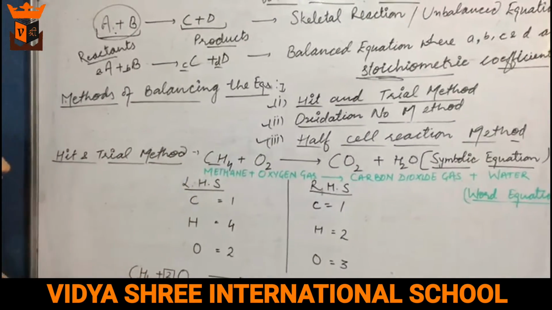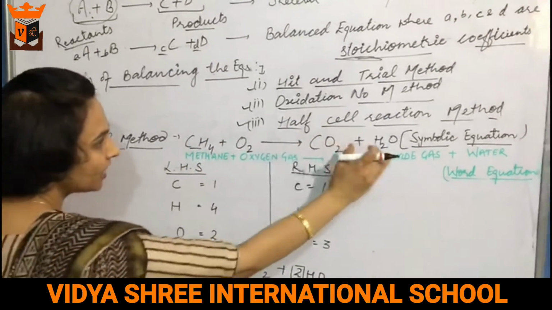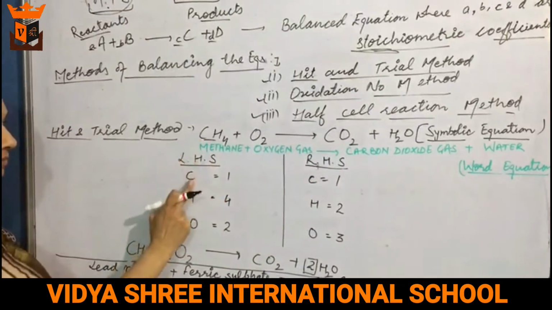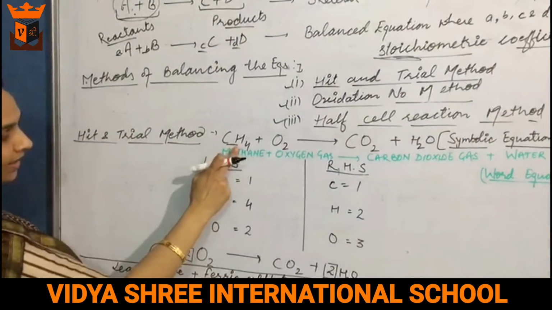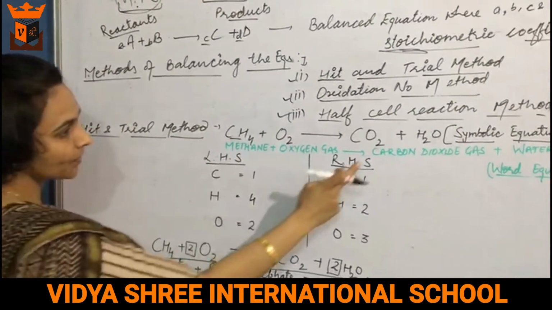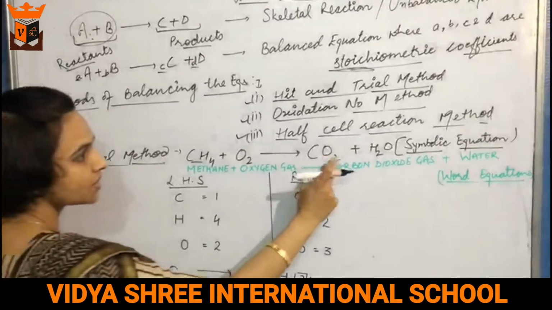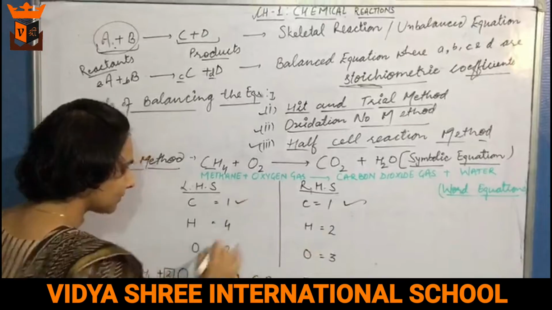Now, how to balance this equation? First of all, see how many atoms are there at left hand side and how many atoms are there at right hand side. At left hand side, one carbon is here. At right hand side, one carbon is there. At left hand side, hydrogen 4, at right hand side hydrogen 2, oxygen 2 on the left, oxygen 2 plus 1, 3 on the right. So, carbon is balanced.